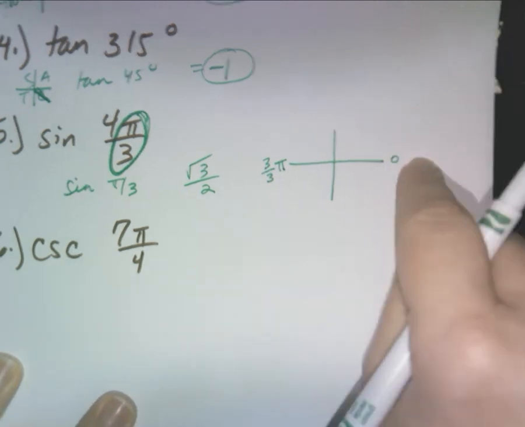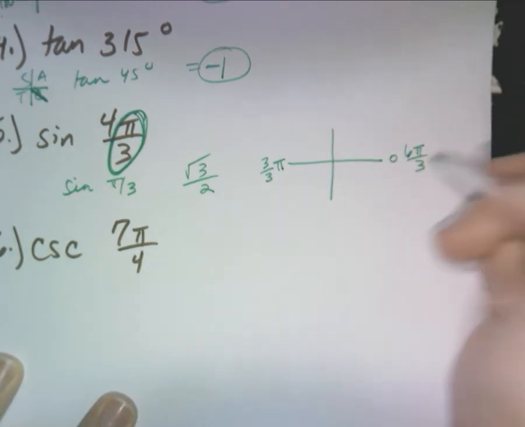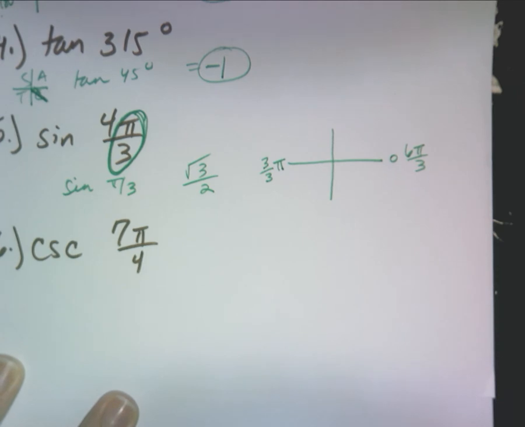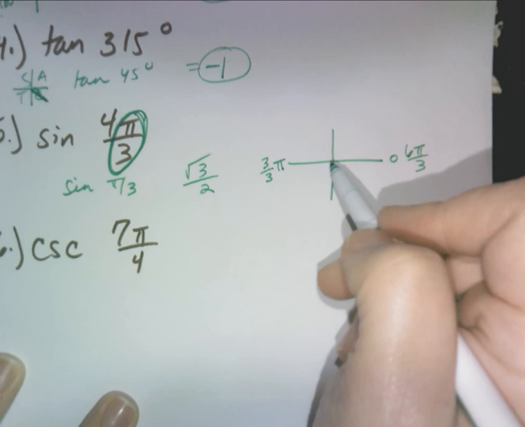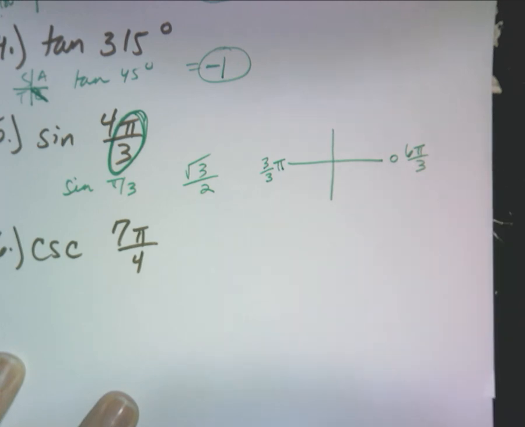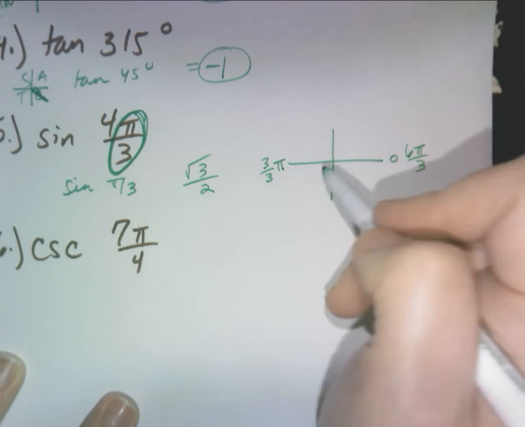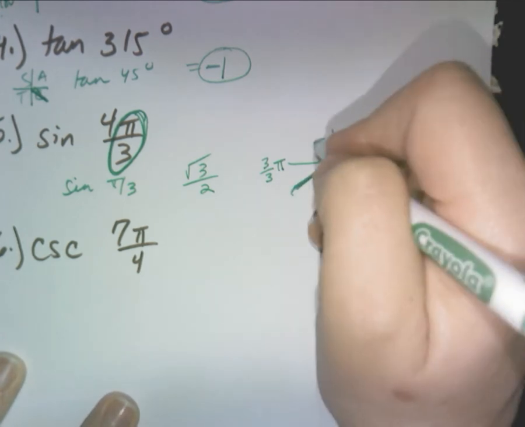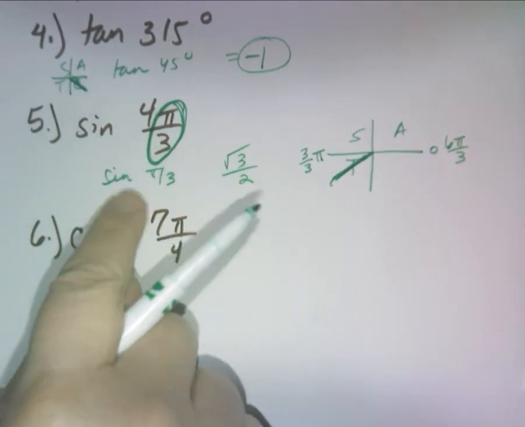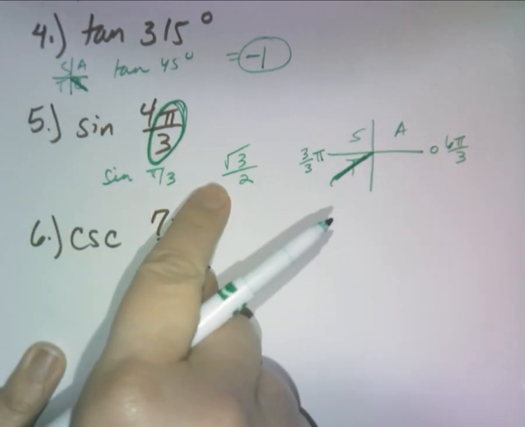If I double it, I get 6 pi over 3, which is 2 pi. So where would 4 pi over 3 be? Would it be after the 3 or before the 6 there? What do you think? In quadrant 3 or in quadrant 4? Right, 4 pi over 3 would be right there. All Students Take. Is the sign going to be positive or negative then? Negative.